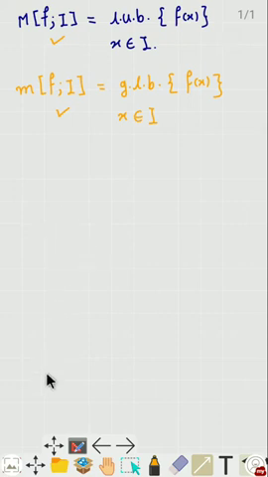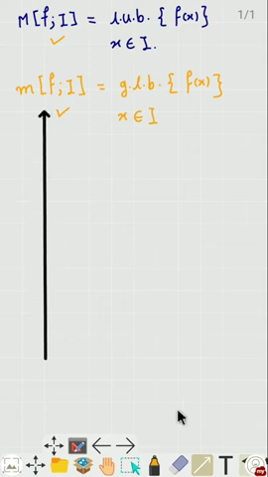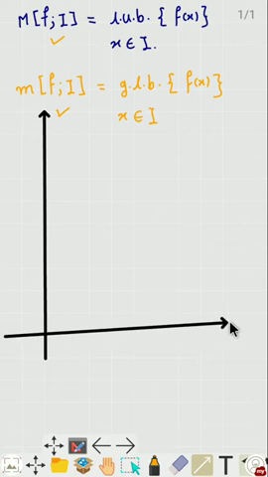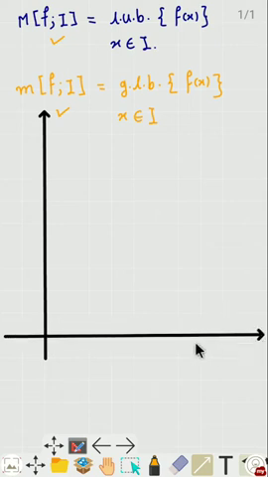We know the x-axis and y-axis are always perpendicular, and the intersection is the origin.